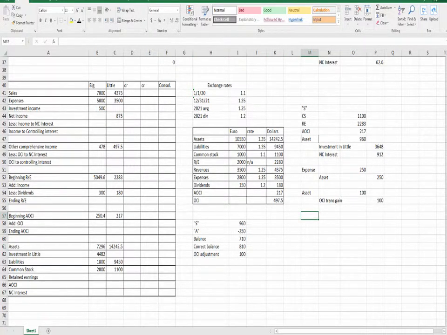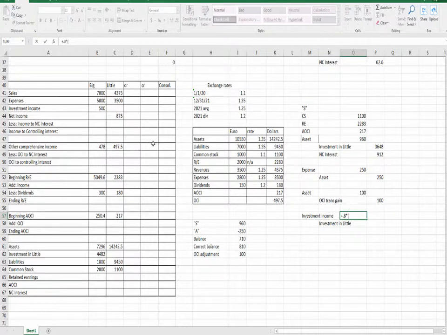Big, owning 80% of Little, is going to get 80% of Little's adjusted earnings. And again, this is exactly like we've done forever in terms of measuring the investment income as a function of the adjusted, realized earnings.